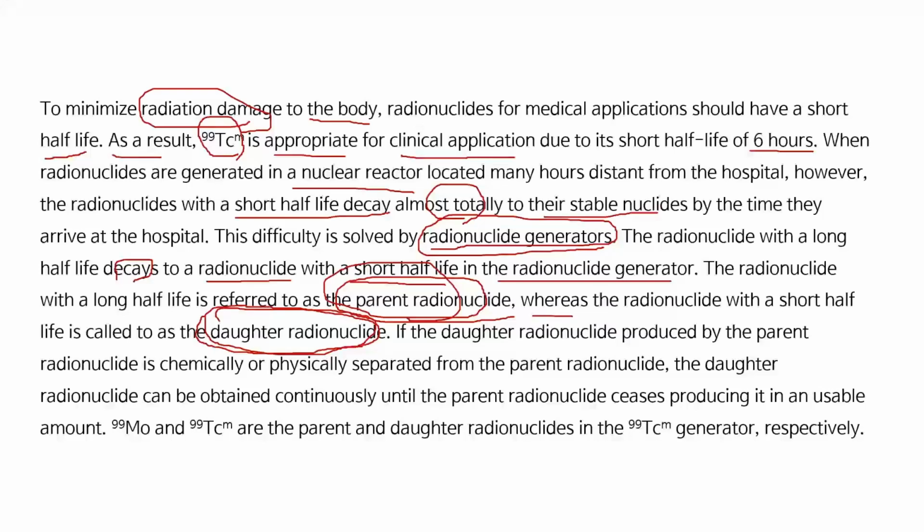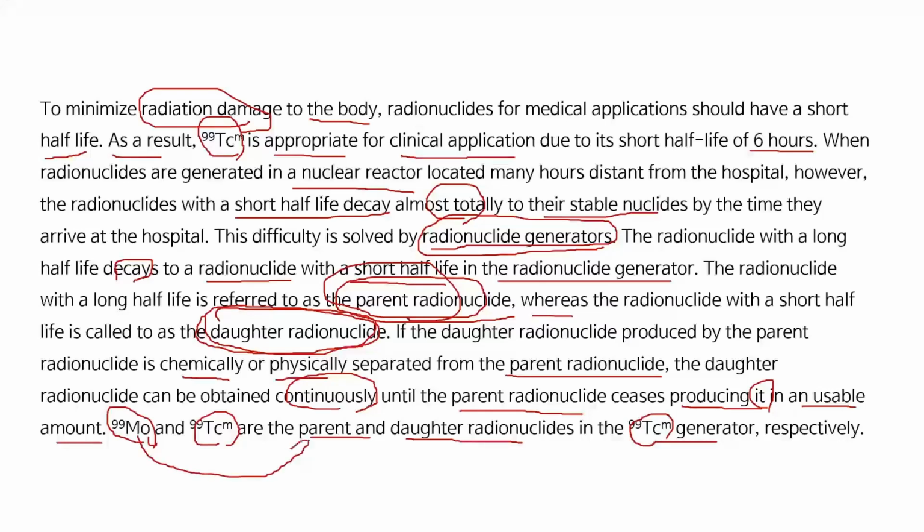Okay. Molybdenum-99 and Tc-99m are the parent and the daughter radionuclide in the Tc-99m generator, respectively.